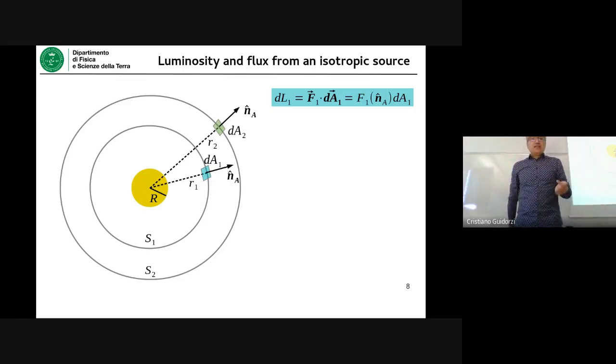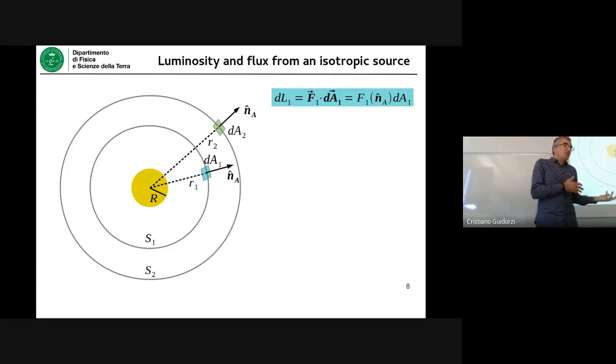And not only that, but the flux F1, the radiative flux: what kind of direction am I expected to think for that?